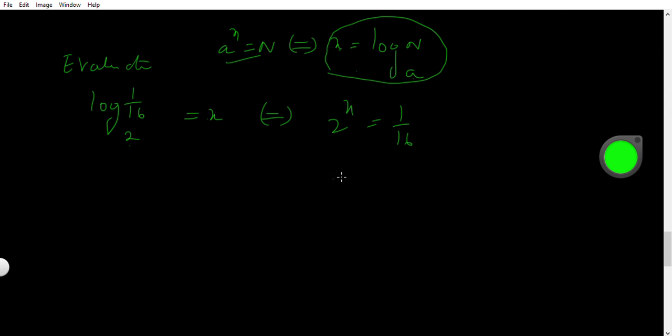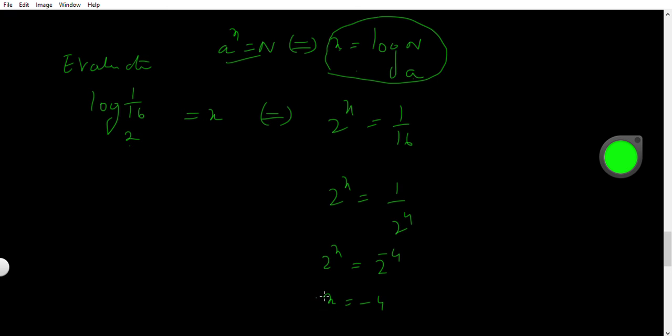I told you clearly, 2 to the power of x is equal to 1 by 2 to the power of 4. So 2 to the power of x is equal to 2 to the power of minus 4. Here bases are equal, so powers are equal, that is minus 4.